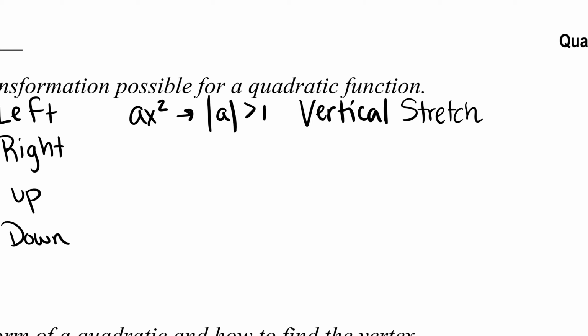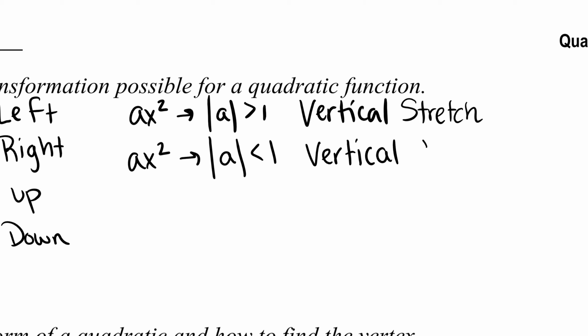And then of course the opposite: if I have ax^2 and the absolute value of a is less than 1, that'd be a vertical compress. So anything bigger than 1 is stretched, less than 1 is compressed, and remember on these you ignore the negative. So if it says negative 5x^2, I just look at the 5. And that would be a stretch.